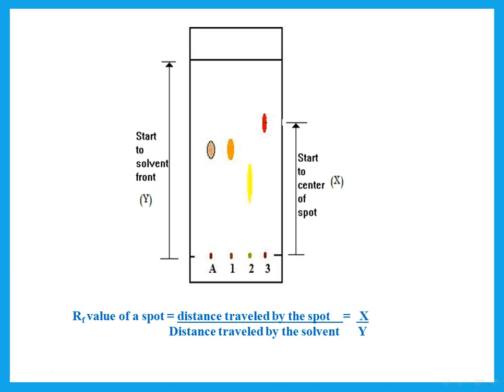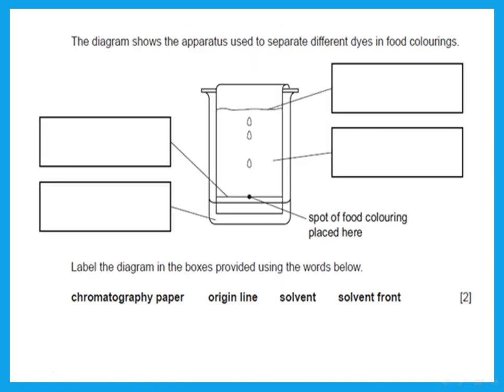Or I could calculate the RF value of the spot. Remember that the RF value of the spot is the distance traveled by the spot over the distance traveled by the solvent. So for example, in this diagram, remember what the parts of the chromatogram are. The origin line or the baseline, we said, should be drawn in pencil so that it does not dissolve in the solvent.